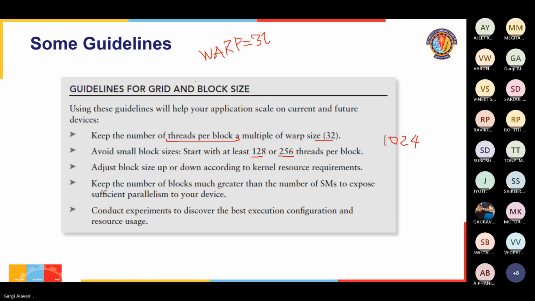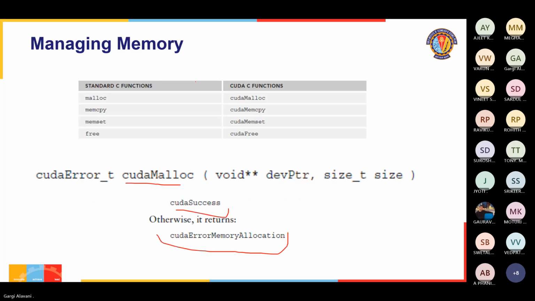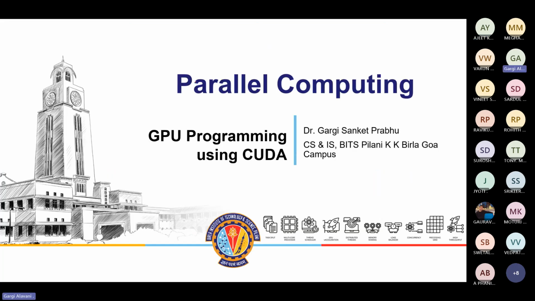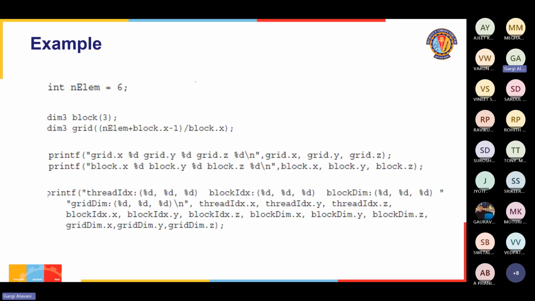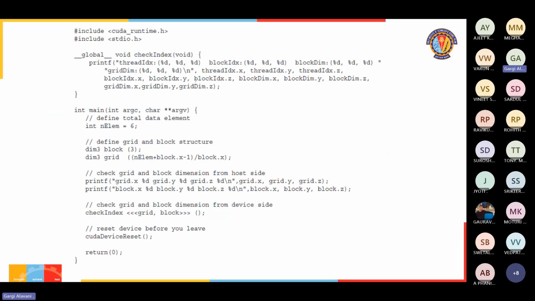Ma'am, a question here: if you don't configure it, we know that we have 100 plus GPU cores on our machines, and we just do the programming and run the kernels. Is it not going to handle internally? See, I might have a code here. Is this the kernel call, right?